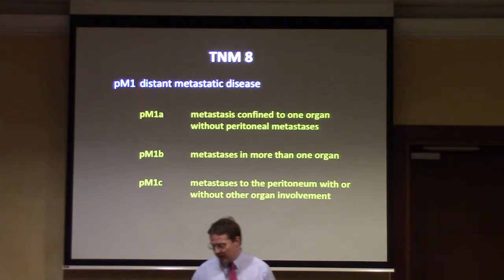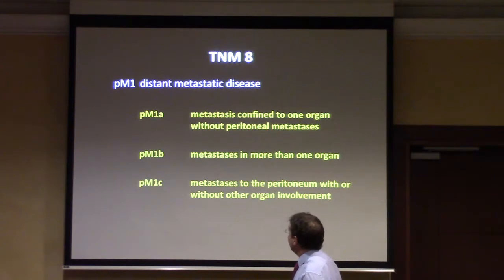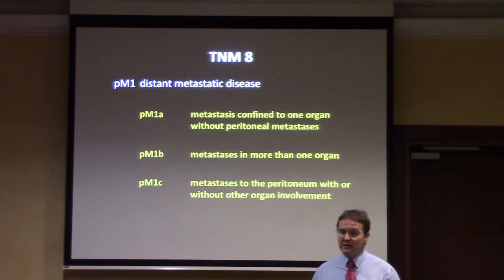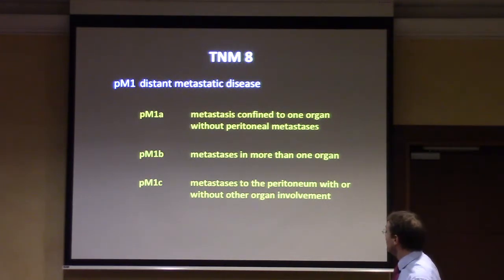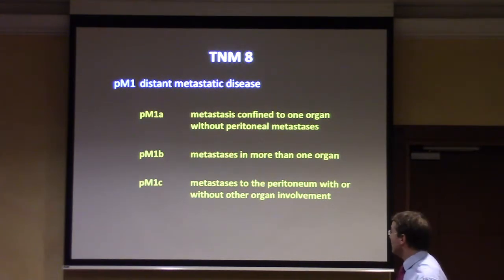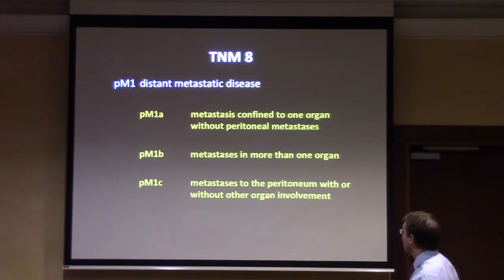Okay, so TNM8 has also tweaked the M classification of disease, and this is on the back of awareness that, of course, oligometastatic disease to either lung or liver or even both is a very different disease from that with peritoneal involvement or more extensive disease to other organs, because we now aggressively target patients who have got limited metastatic disease in these organs, particularly the liver.